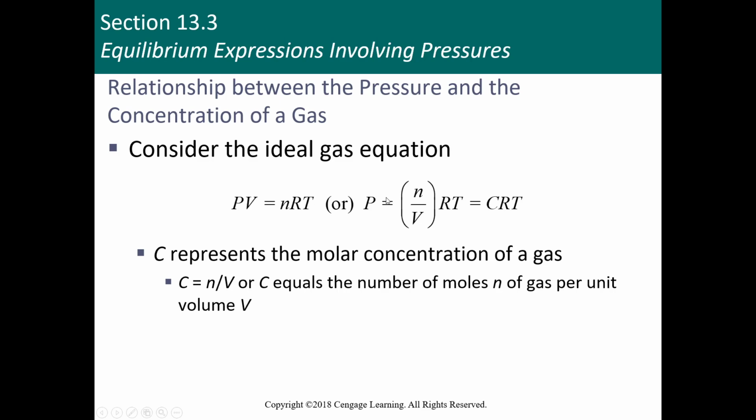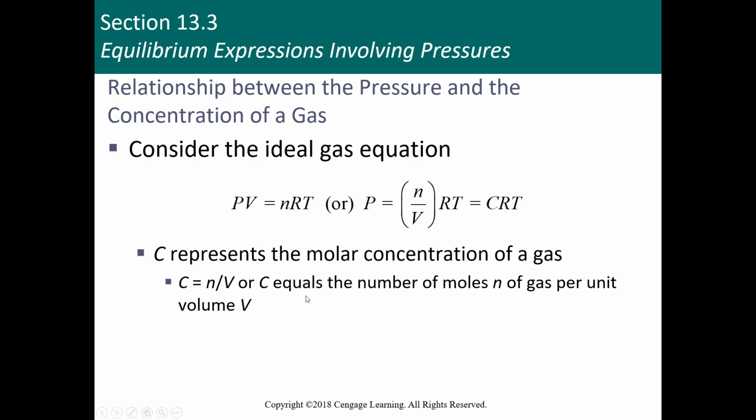Now, this right here, we've just rearranged it so that we've gotten moles and volume, which is in liters, all into one term. Notice that moles over liters is molarity, or concentration, isn't it? And so what you can see here is the pressure equals the concentration times R times T in Kelvin. So C will be the molar concentration of a gas.